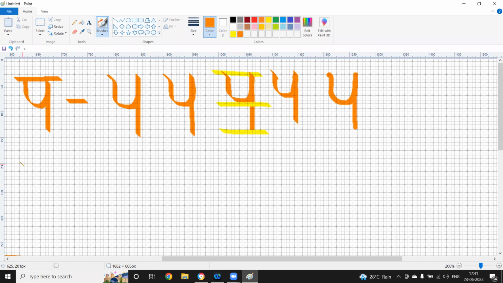Okay, so the next one from this is per. This is per in Devanagari. This letter has a Shirorekha, so we begin with the Shirorekha here.